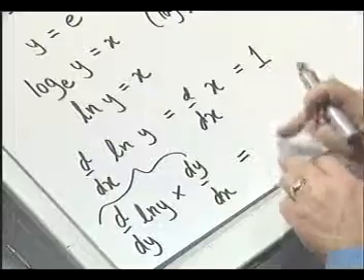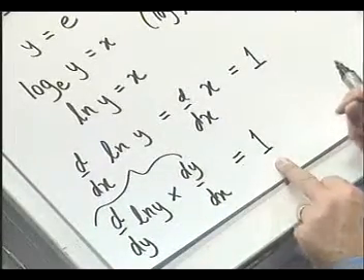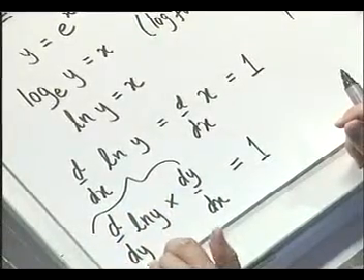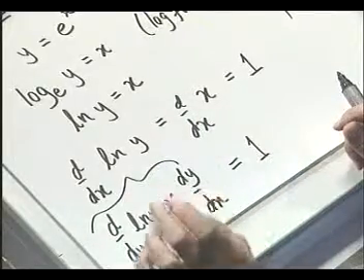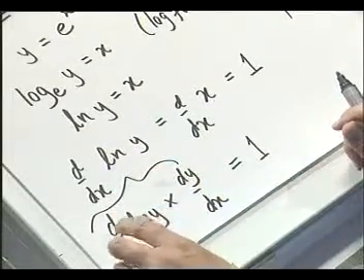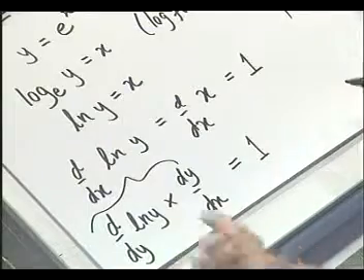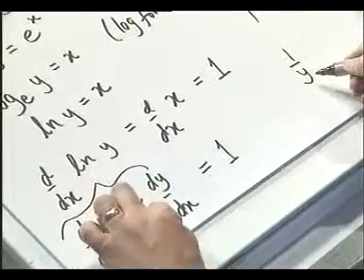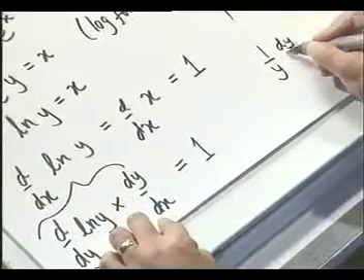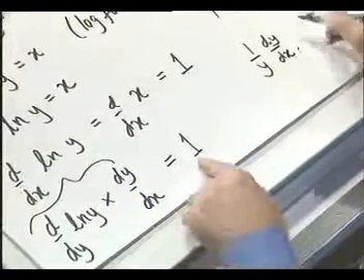On the right-hand side, we have 1. Nearly finished. All we have to do now is differentiate log y with respect to y, but we've just done that. We've just proved that if you want to differentiate log y with respect to y, you'll just get 1 over y. So, following on from here, we'll get 1 over y multiplied by dy dx, and that's got to equal 1.